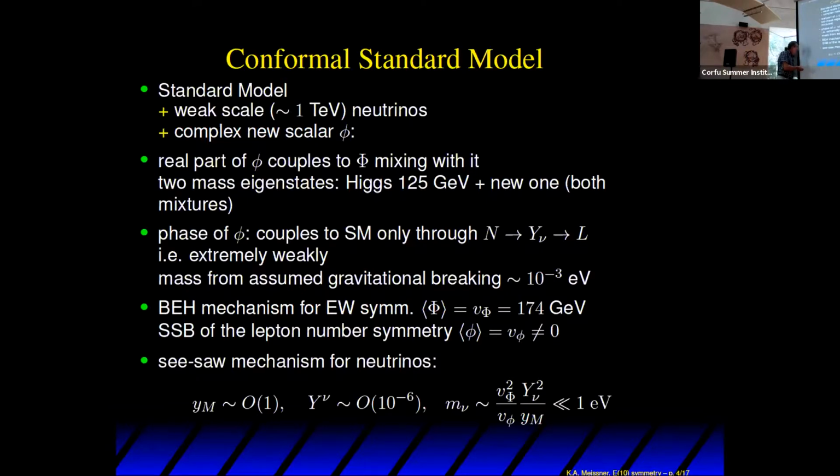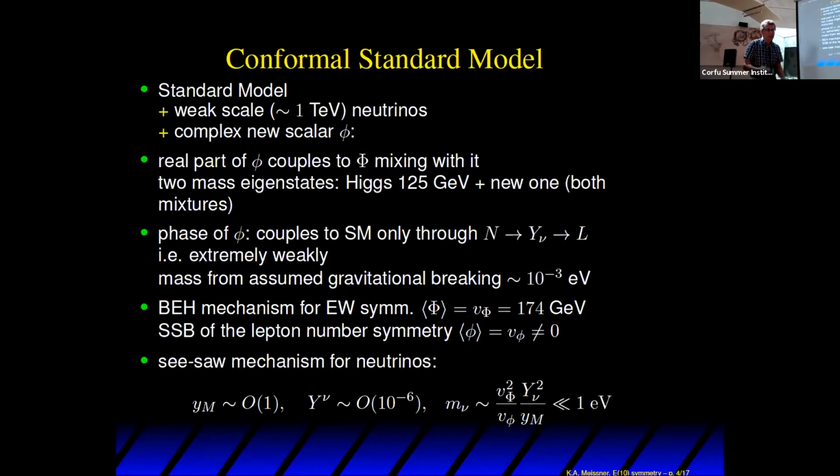We assume that the scale is of the order of the weak scale, but the coupling is very small. This Y nu is very small. So we have masses of neutrinos from the seesaw. So it is not a large scale and coupling of order 1 that is usually assumed for the seesaw mechanism. The Dirac coupling is of order 1, but the coupling to right chiral neutrinos is very small.